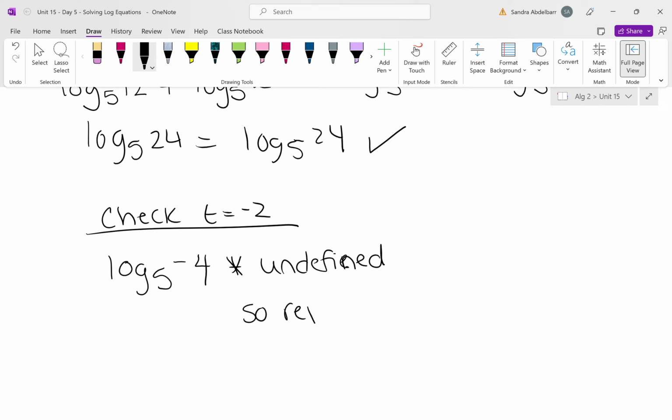So we reject t equals negative 2. Look into the original. Always plug back into the original, guys.